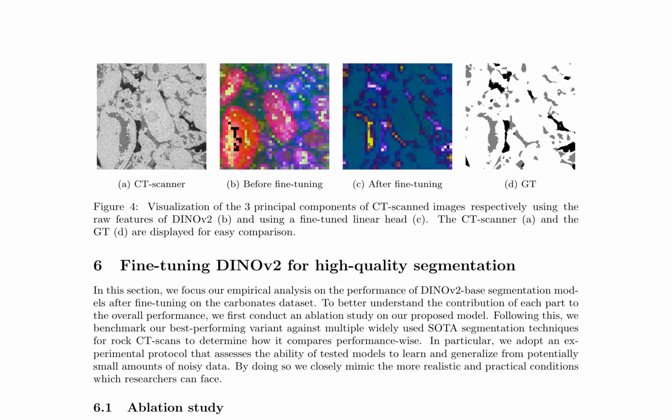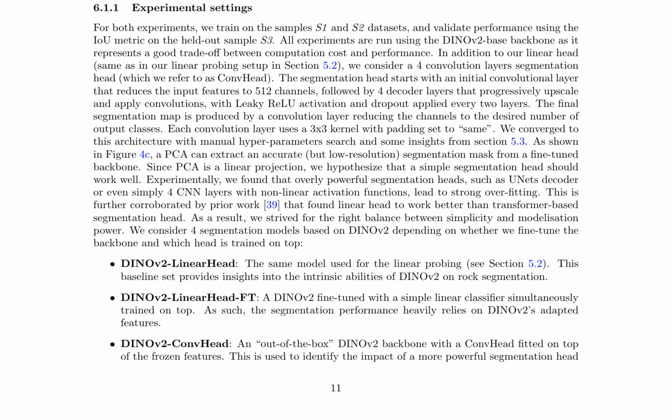The DINOv2 linear head FT model involves fine-tuning DINOv2 with a simple linear classifier simultaneously trained on top, where the segmentation performance heavily relies on DINOv2's adapted features. The DINOv2 conv head model uses an out-of-the-box DINOv2 backbone with a convolutional head, conv head, fitted on top of the frozen features, identifying the impact of a more powerful segmentation head. Finally, the DINOv2 conv head FT model combines fine-tuning DINOv2 with a convolutional head.